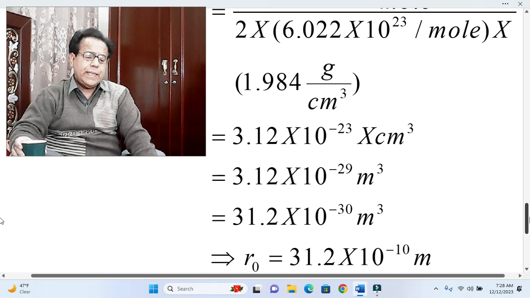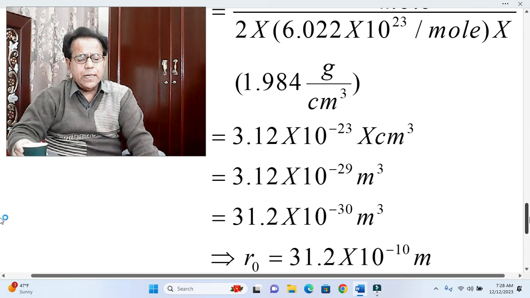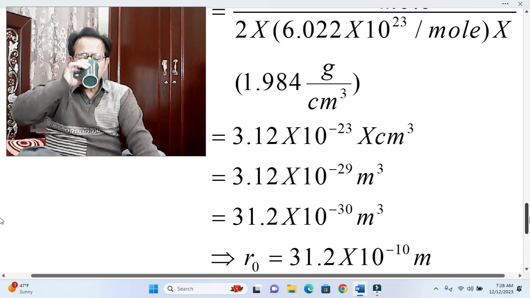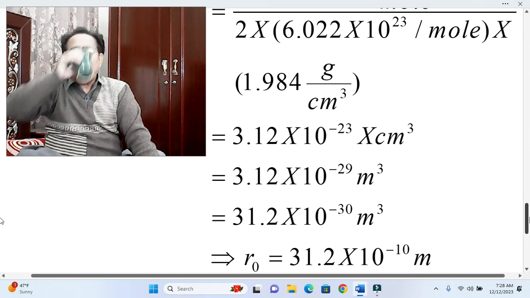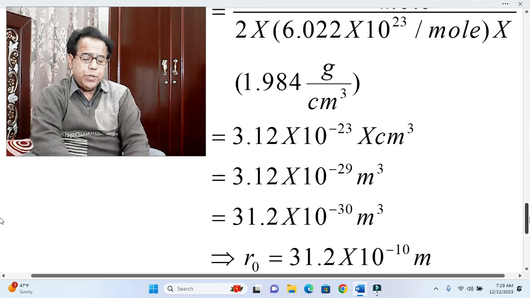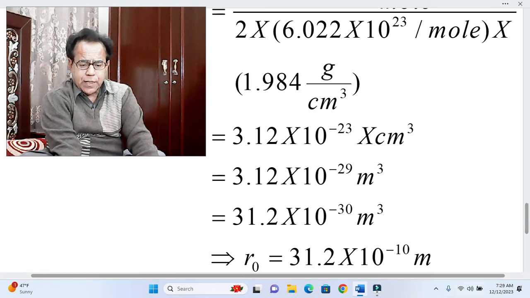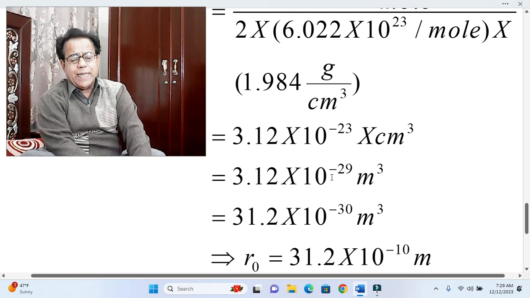That is R naught cube power 1/3, and this factor will also be taken to the 1/3 power. So dear students, when we have to take the 1/3 power of the right hand side, it is desirable that this meter is already in cube, but this 10 raised to the power minus 29 does not seem appropriate.